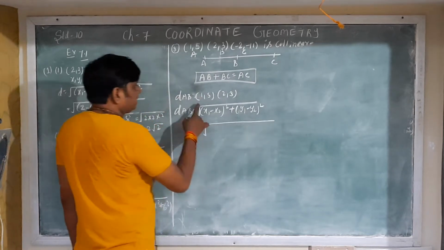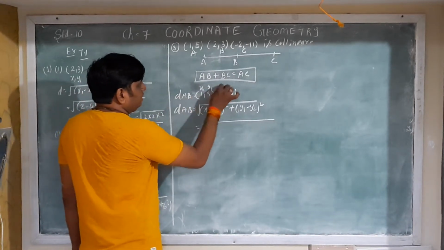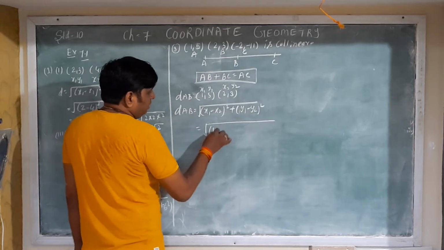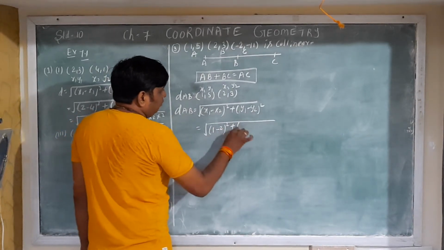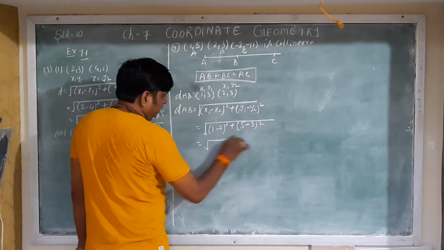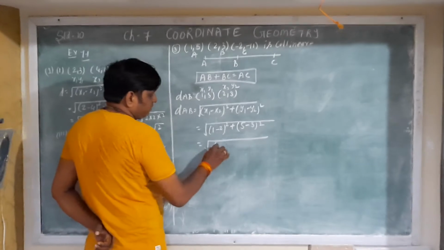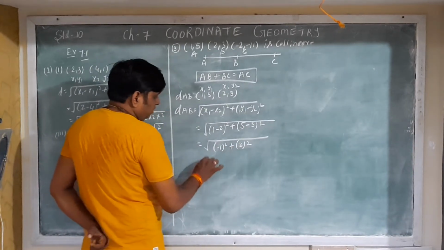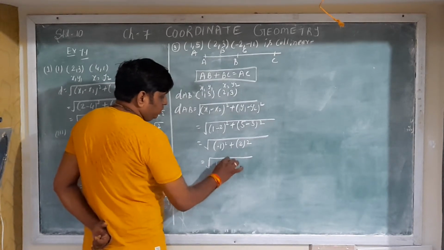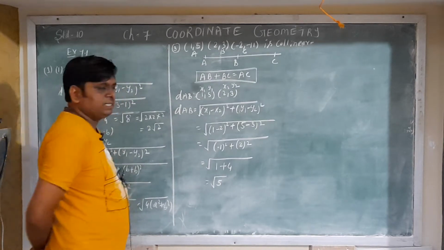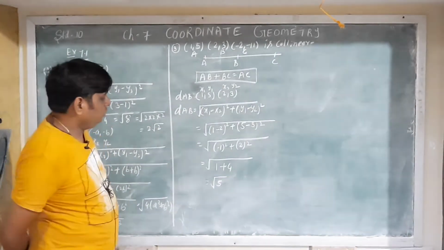What is x1? Suppose x1, y1 is and x2, y2 is. x1 means 1, x2 means 2, y1 means 5, y2 means 3. 1 minus 2 means minus 1 square, 5 minus 3 is 2 square. Minus 1 square is 1, 2 square is 4. 1 plus 4 is 5, your answer is root 5. First answer, distance of AB is root 5.